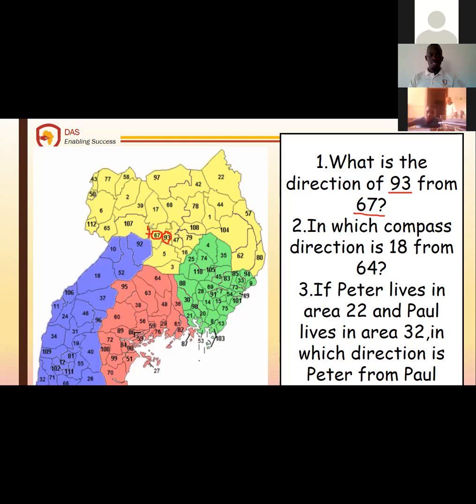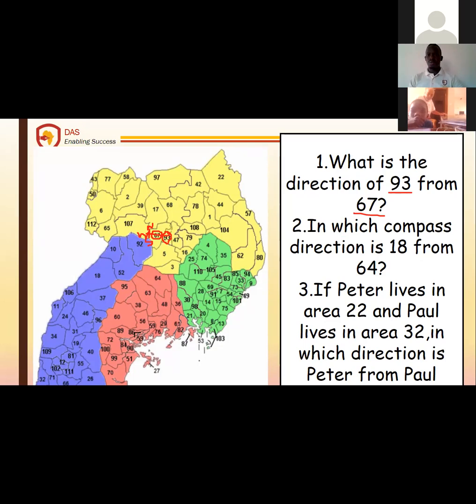We all know this is north, this is south, here is east, and here is west. Now from here, when you're going this side to the right, which direction are you going to? Put it in the chat box.